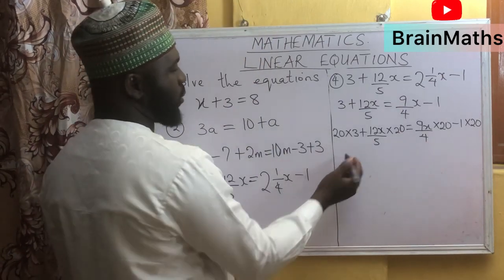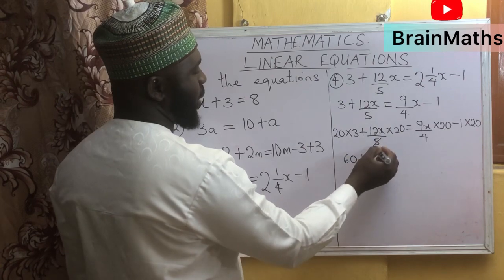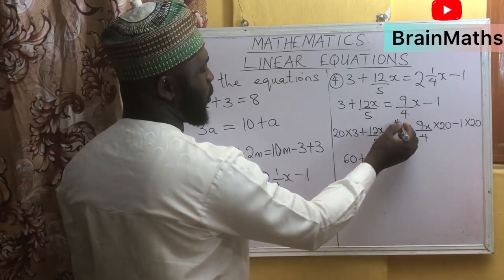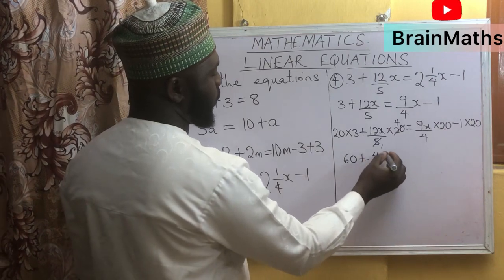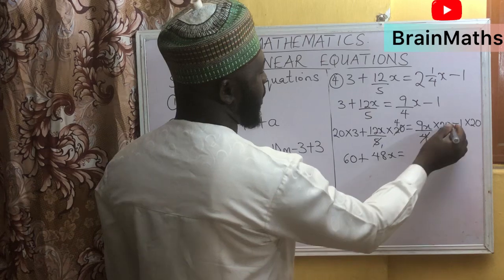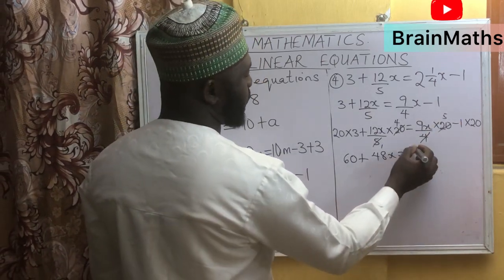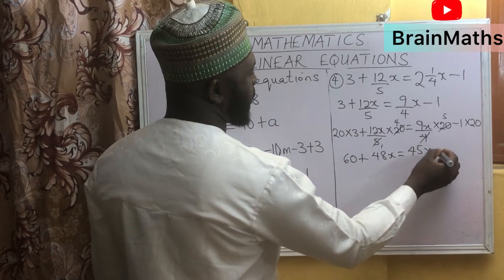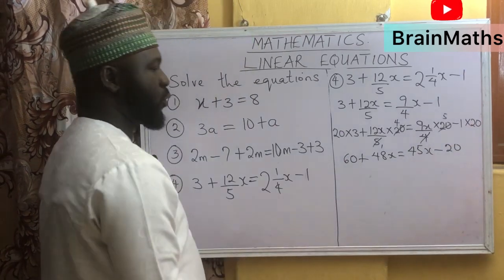Now, this side will give us 60 plus 5 here 1, 5 here 4, 4 times 12, that is 48x equals 4 here 1, 4 here 5, 9 times 5 will give us 45x minus 1 times 20, that will give us minus 20.